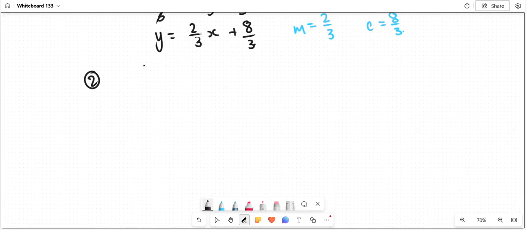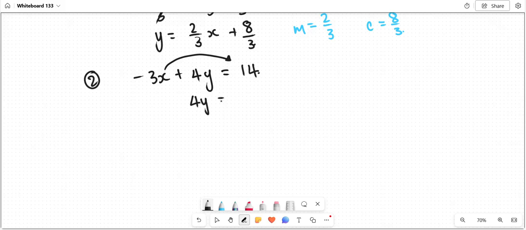So question number 2, what if we had negative 3x plus 4y is equal to 14? Again, we do the same thing. We're going to bring the x over this time. So it's 4y is equal to positive 3x plus 14.